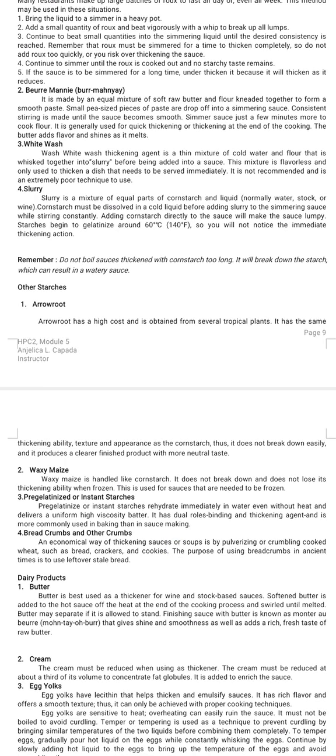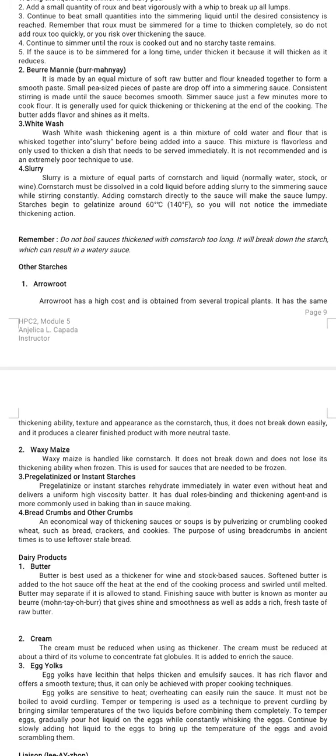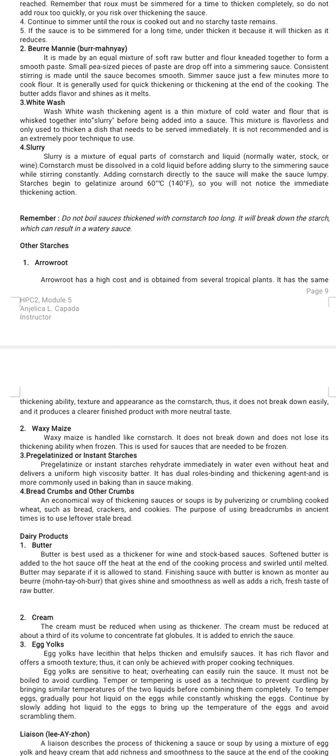Third, continue to beat small quantities into the simmering liquid until the desired consistency is reached. Fourth, continue to simmer until the roux is cooked out and no starchy taste remains. Last, if the sauce is to be simmered for a long time, do not over-thicken it because it will thicken as it reduces.